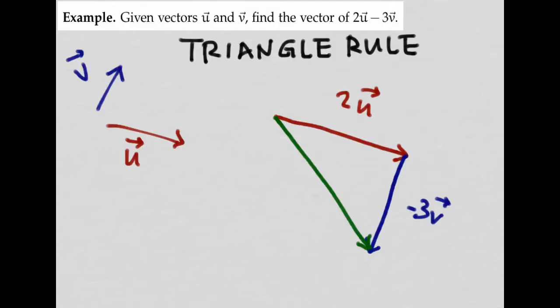It is the vector whose initial point is the initial point of 2u and whose final point is the final point of minus 3v. So that's 2u minus 3v.